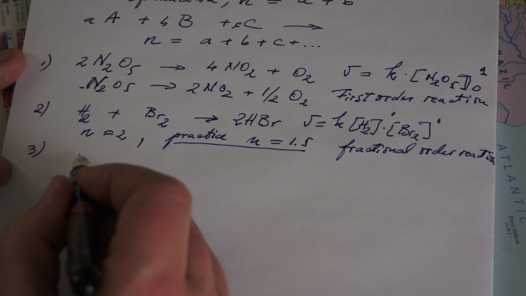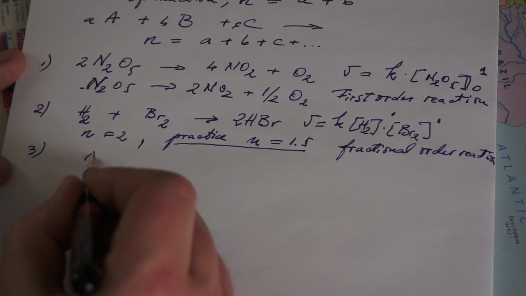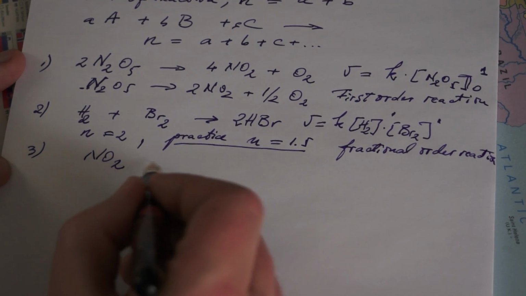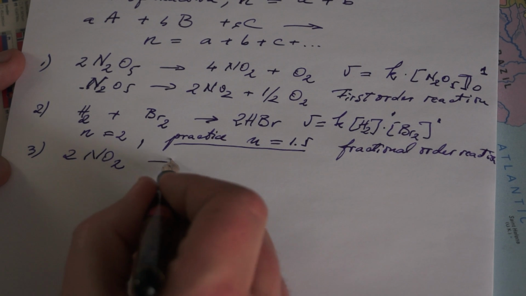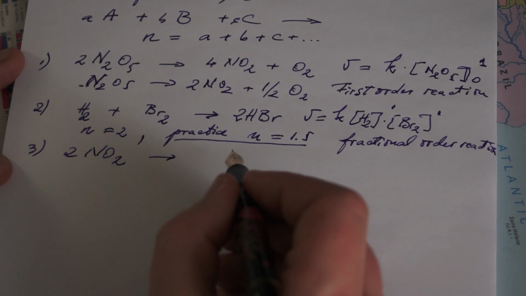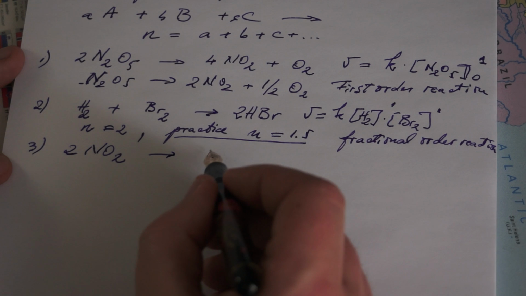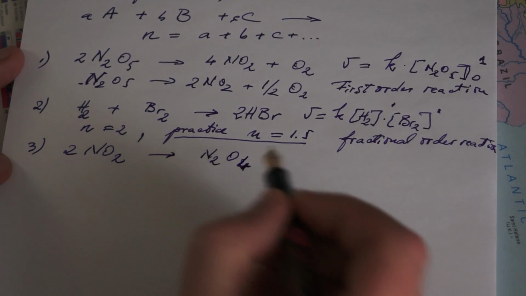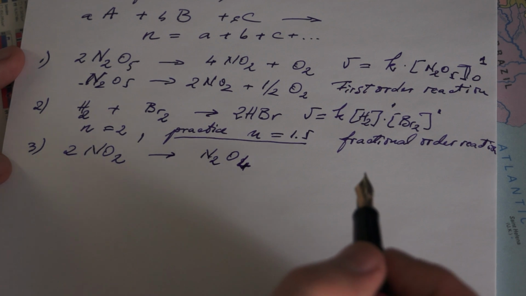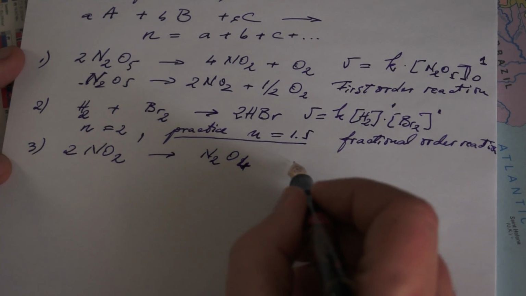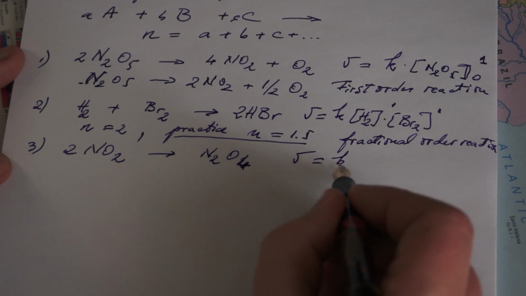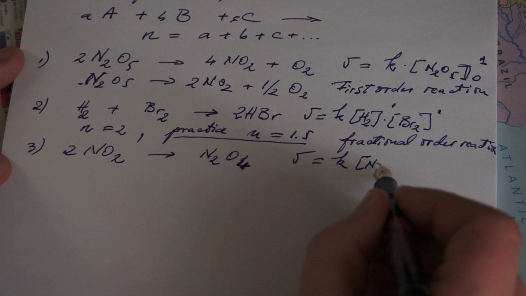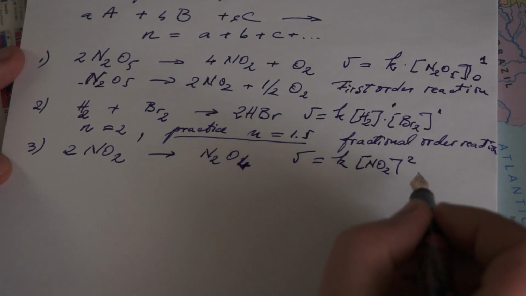Another type of reaction is the reaction between two nitrogen dioxide molecules to give the dinitrogen tetroxide product. This is very straightforward to write: it's going to be the concentration of NO2 to the power of 2.